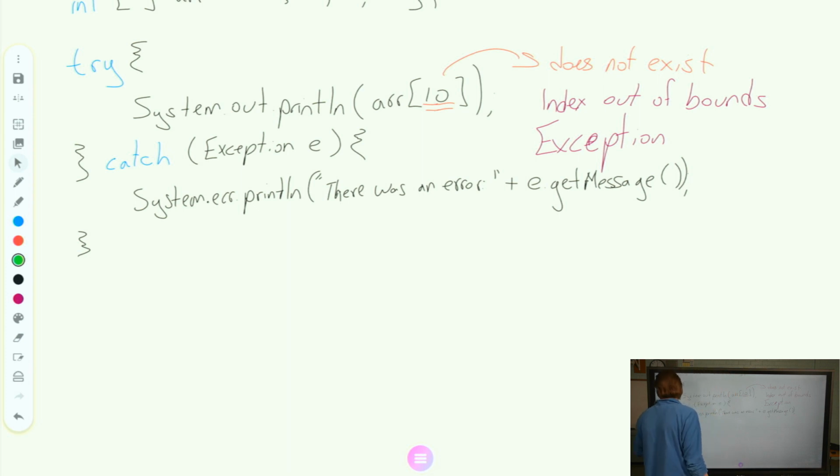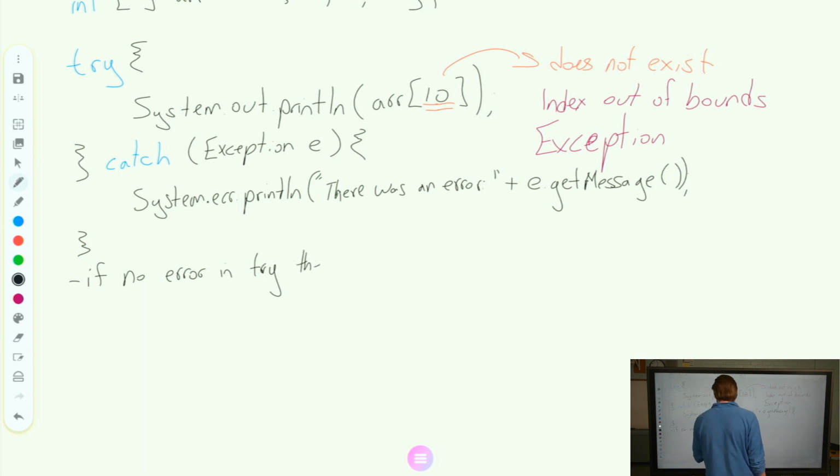So let's talk about some key things here. If no error in try, then catch will not run. And vice versa. If there's an error in our try, the catch will run.